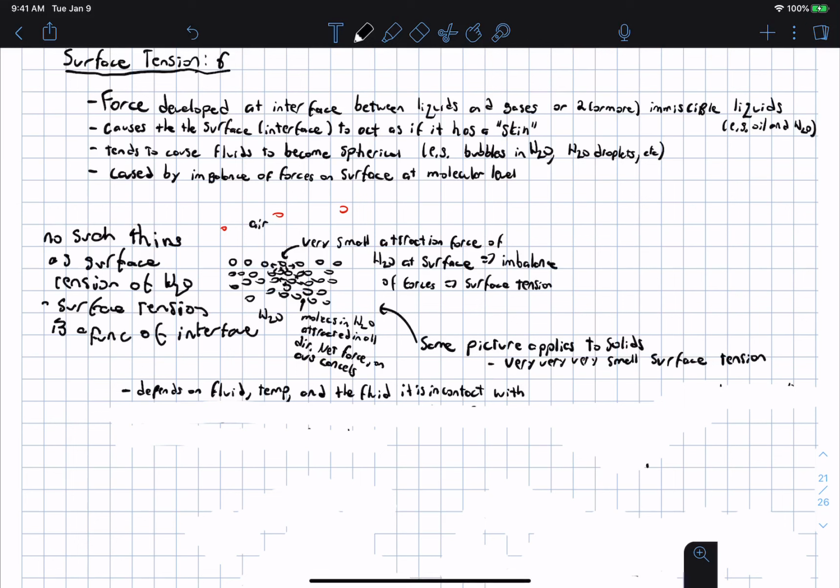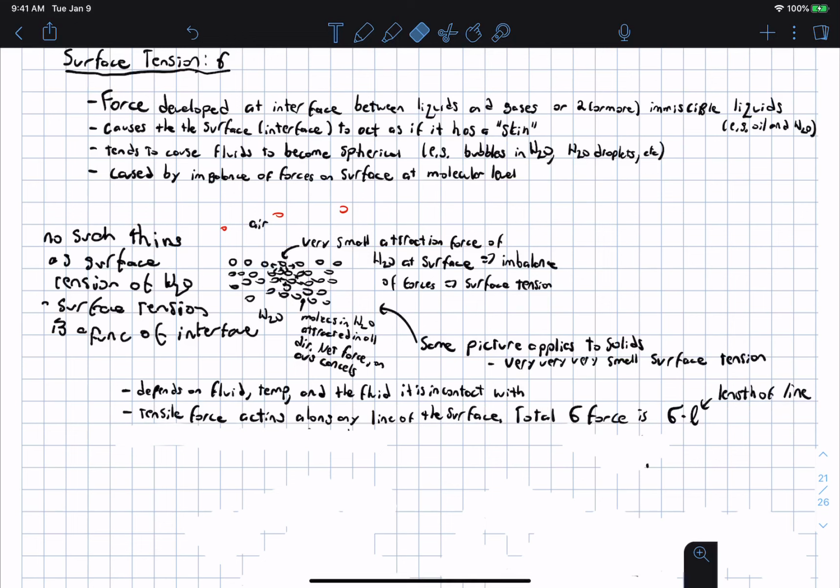Okay, so that basically means that the surface tension depends on both materials, that is, the air and the water.